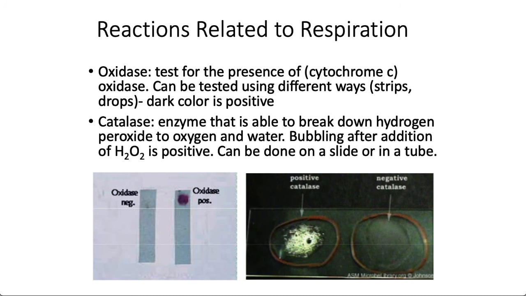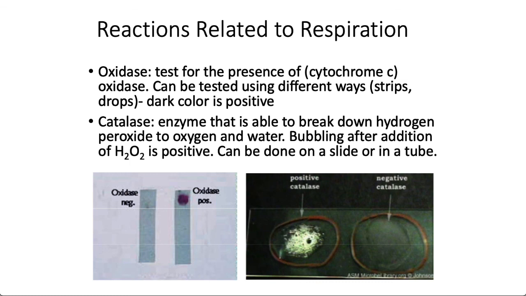So the picture here shows a catalase test done on a slide. So you have a glass slide, you take a little bit of your bacterial culture, you smear it on the slide, and you add a drop of hydrogen peroxide. If you have bubbles, it's positive. If there are no bubbles, it's negative.